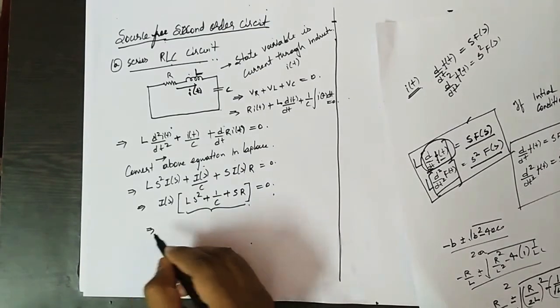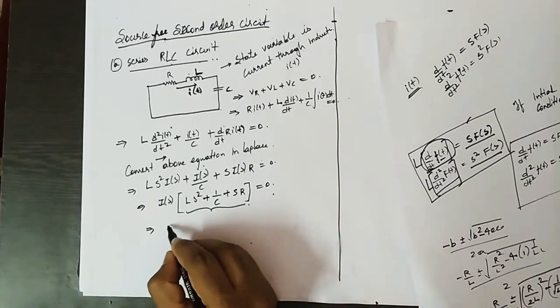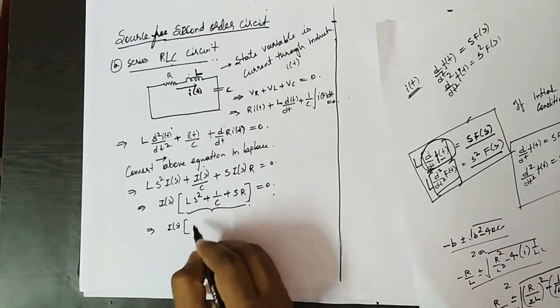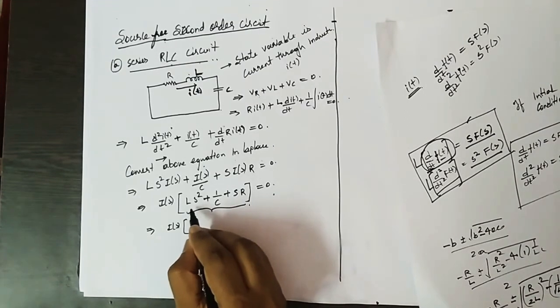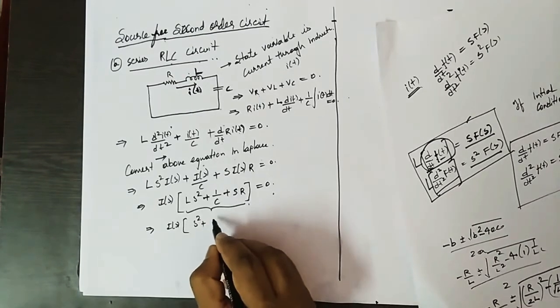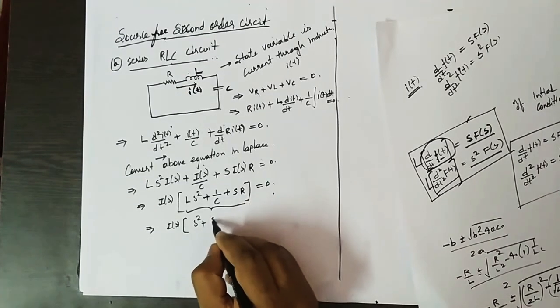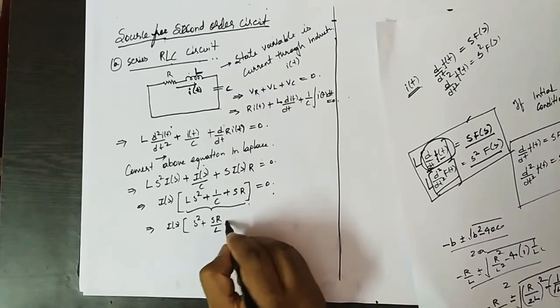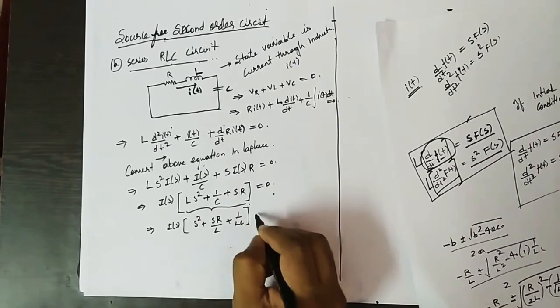So this can be written as I of s into, multiply this equation and divide this equation with L. So s square plus s R by L plus 1 by LC equal to 0.